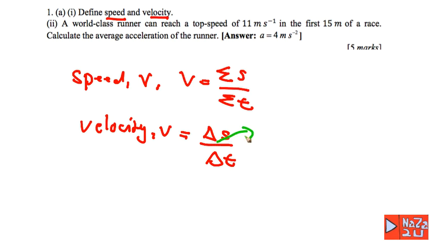Delta s is the final displacement minus the initial displacement, divided by delta t, which is the final time, t2, minus the initial time, t1. This is the definition of speed and velocity.